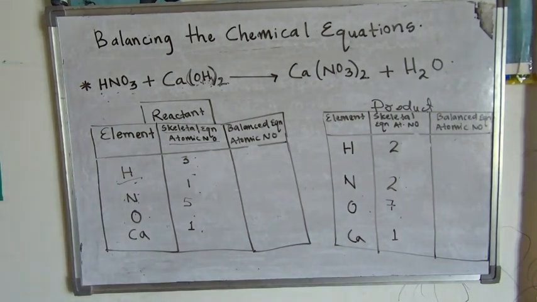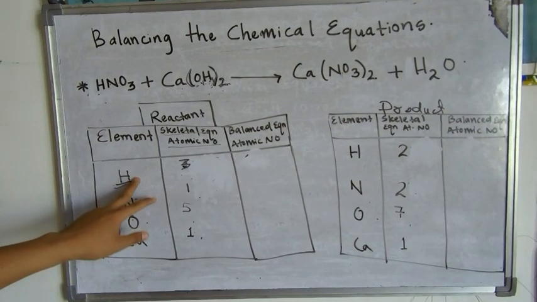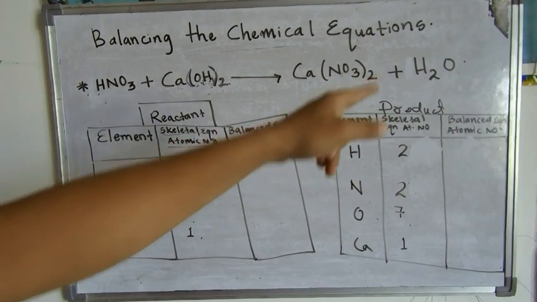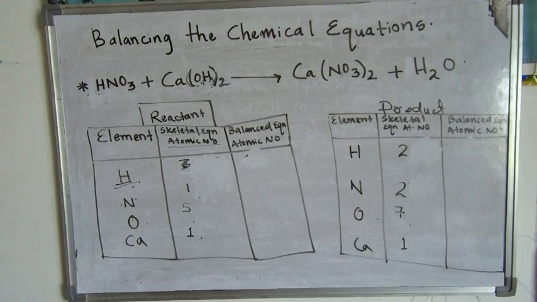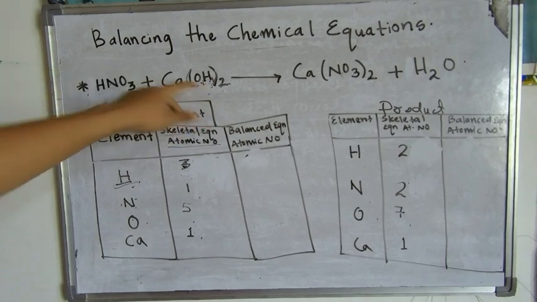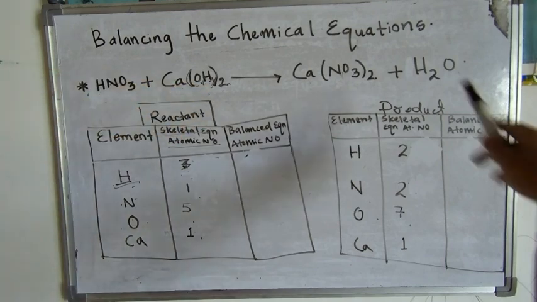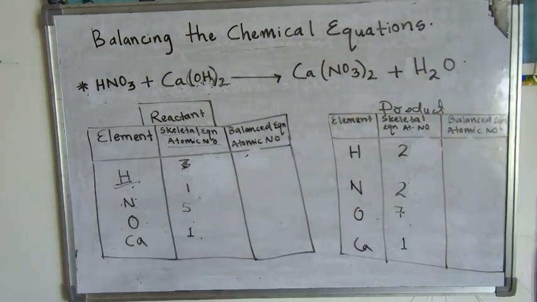So this is it. So now let's take this equation. We will see that on the reactant side and on the product side, the same elements have different atom counts. So you see that in here. Hydrogen we have 3 here, and hydrogen we have 2 there. So let's see whether we can make it equal here. Okay, so if I just give it 1 here, then that will be same. But if I give it here 2, here is 2, it will be 4. And again if I give it here 2, then 2 times 2, it will be 4.